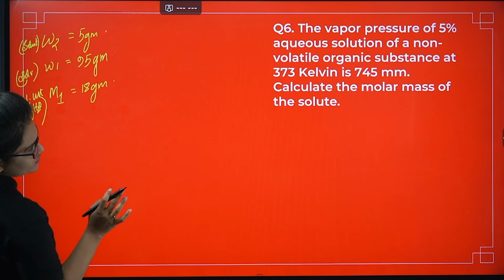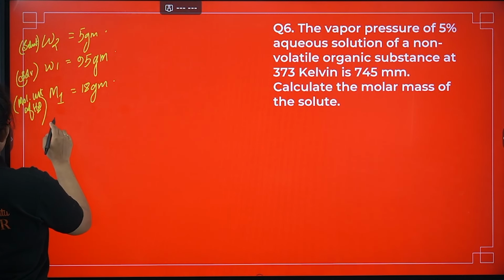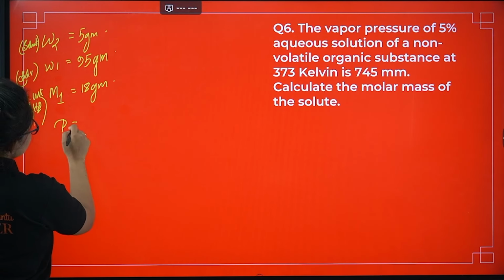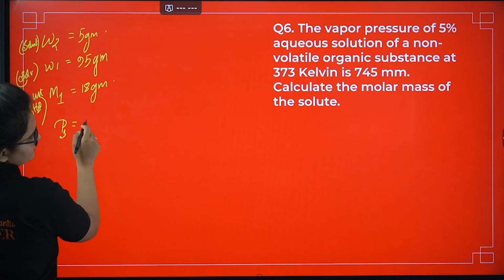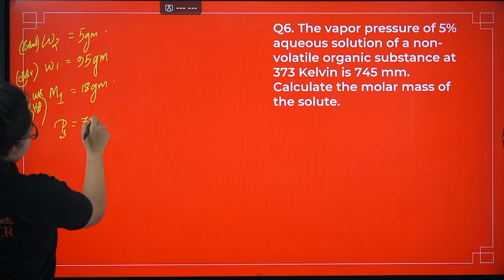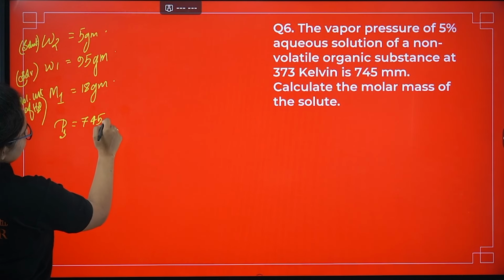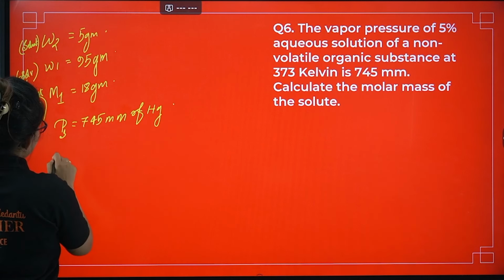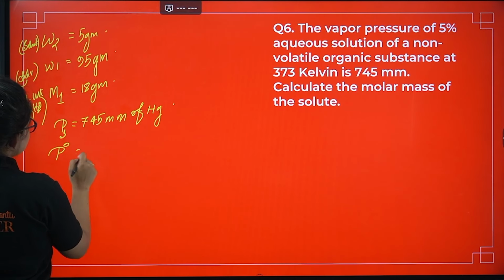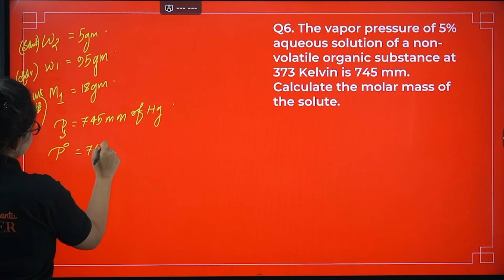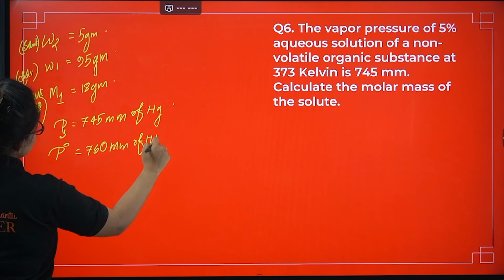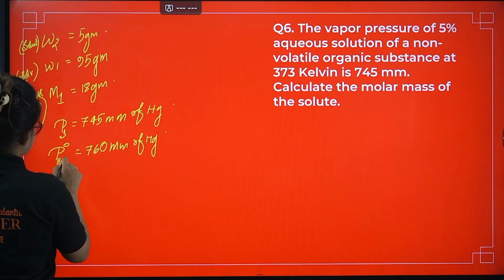Now for the pure solvent, the vapor pressure for the solution, P, is given as 745 mm of Hg, and P naught is basically 760 mm for pure water.